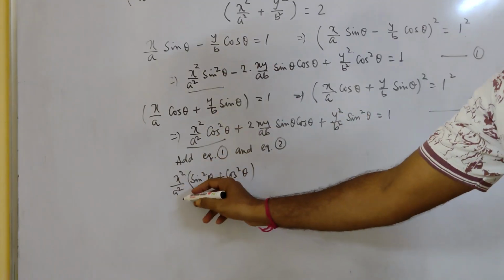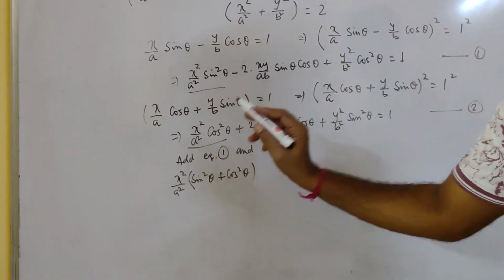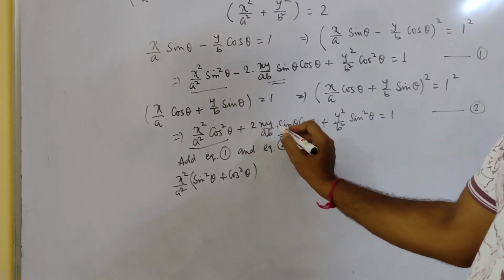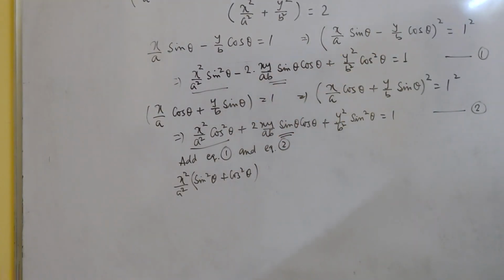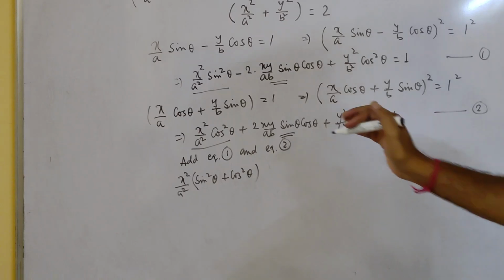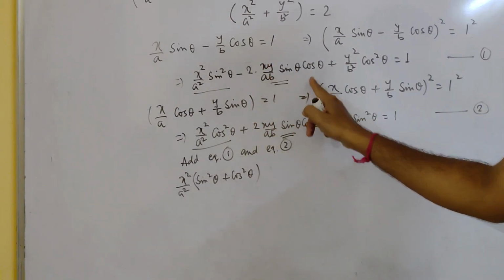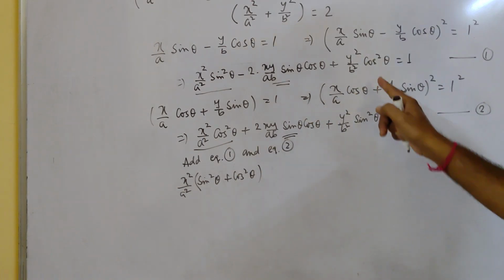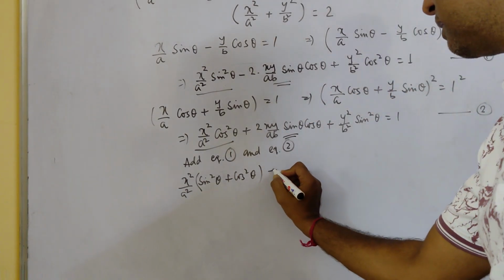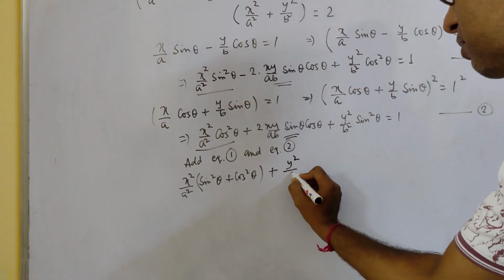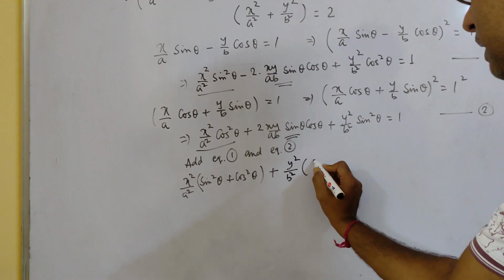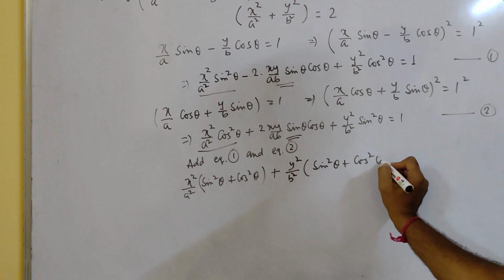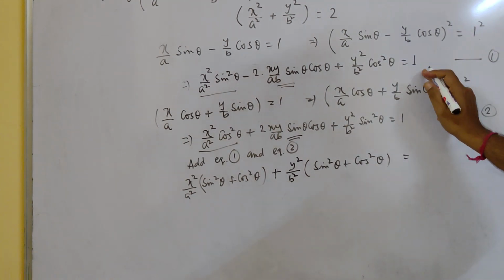So we take common x square by a square, so sin square theta plus cos square theta. Here this term and this term are opposite in sign, so these cancel out. Same, minus 2xy by ab sin theta cos theta, here it is plus 2xy by ab sin theta cos theta. So these two are cancelled out, and we will get y square by b square, taking common, sin square theta plus cos square theta, is equal to 1 plus 1, 2.